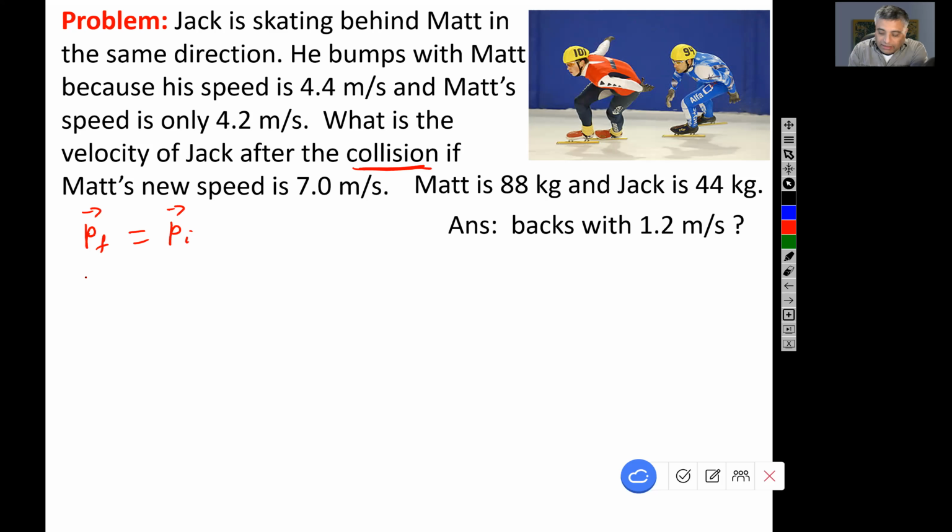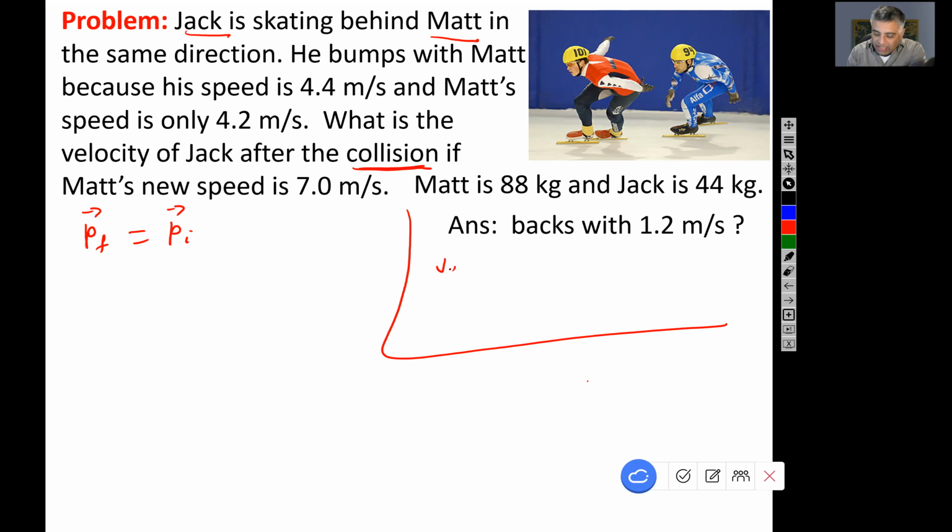So total final means there are two portions. Portions for us, for momentum, is just mass. So we want to write m1 v1, something like that. Which one is m1, which one is m2? We need to distinguish. Usually it's helpful when we do something like this. Here it says Jack and Matt, right?